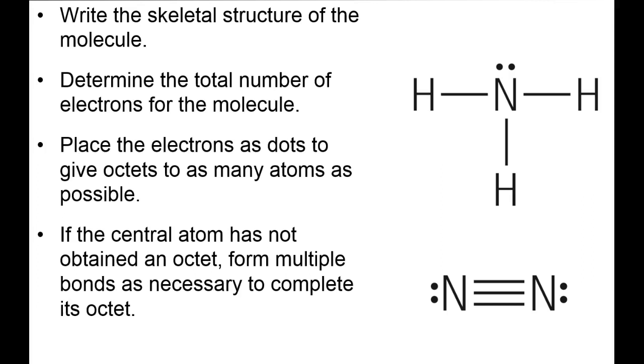So we look at nitrogen, it's in column 5, so I'll have 5 outer electrons, which means I'm going to have 1 lone pair, and then I'll have 3 electrons on the outside here. So that means that with hydrogen having one electron, I can put hydrogen on each of those 3 corners. So basically, that's why I get an H3 forming, is I can put those atoms on.